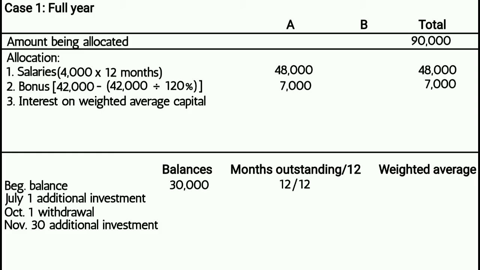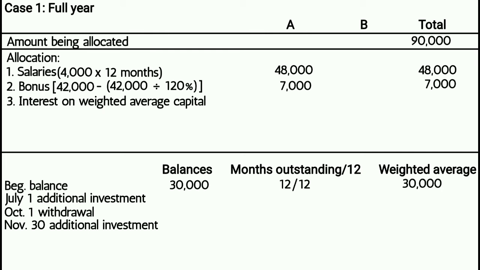And of course, yung total months in a year is 12. 30,000 pesos times 12 over 12, that is equal to 30,000 pesos. Instead na gamitin yung 12 over 12, pwede rin namang 1. 30,000 pesos times 1, that is equal to 30,000 pesos.